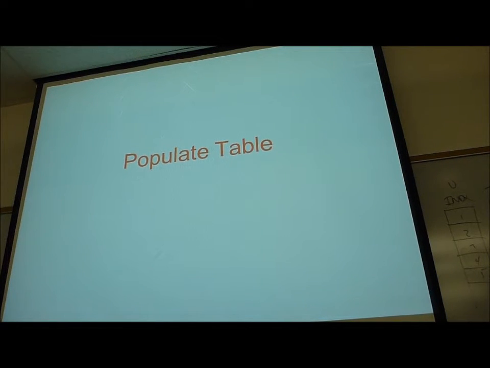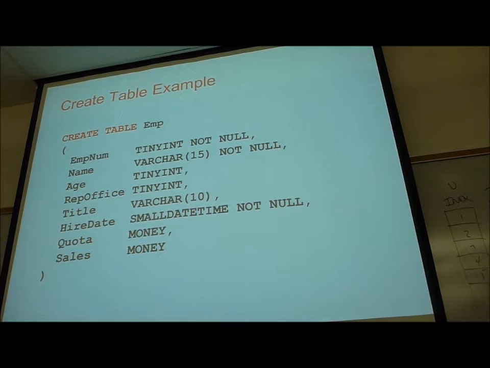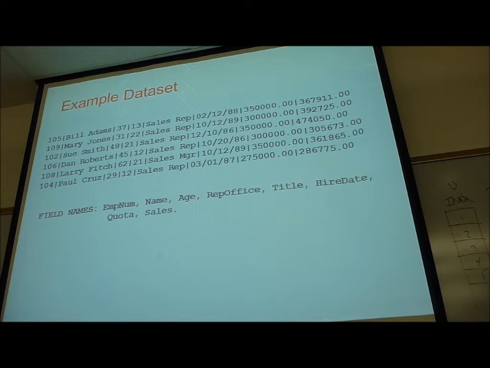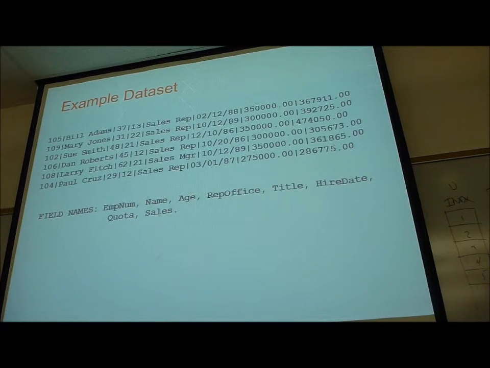The populate table. Okay, here I've got a little table, and here's my data. I've got data in my data set, sitting in a text file. It's okay, Excel will do that.